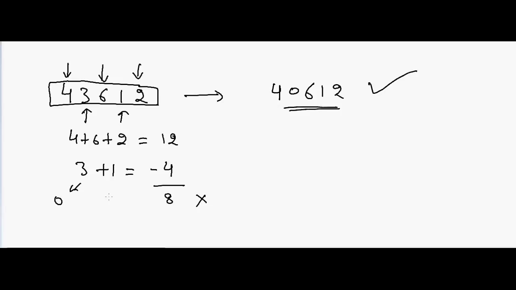Another possibility is to increase this number significantly enough, so that the sum is equal to 12. If I make this 9, then 9 plus 3 is 12. So what I can do is say 4 3 6 1 9.